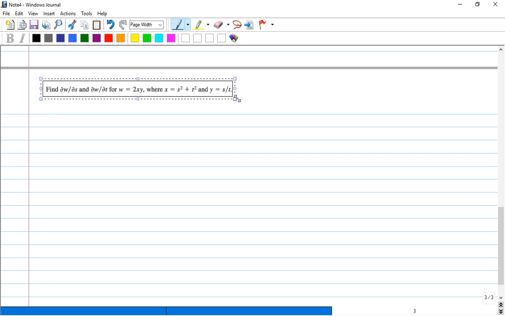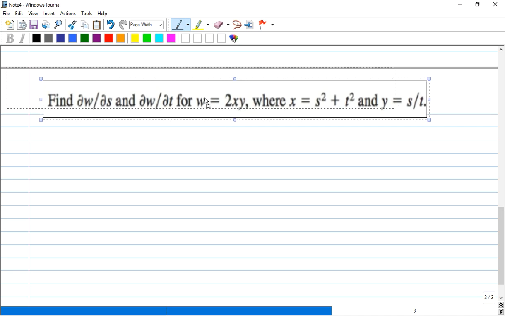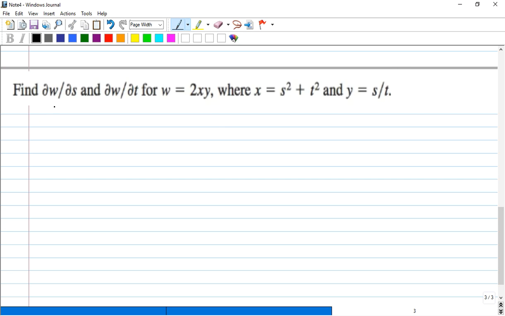Let me show you what I'm talking about. So let's say that I want to find the partial derivative of w with respect to s and the partial derivative of w with respect to t for w equals 2xy, where x equals s squared plus t squared and y equals s over t.